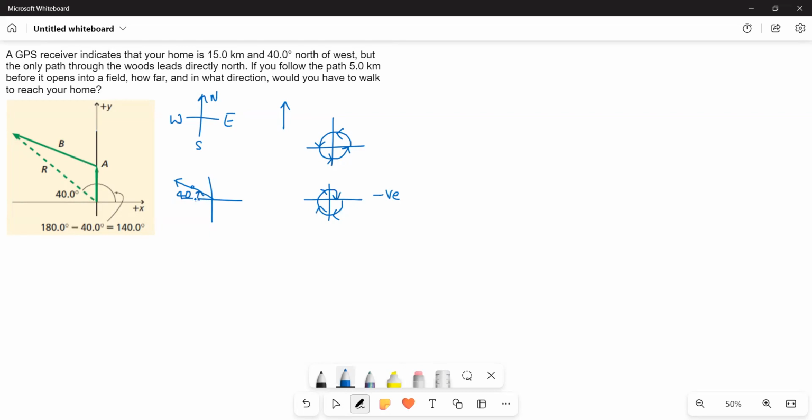Next, what we have to do is resolve the resultant into its components. R is equal to: Rx is equal to Ax plus Bx, and Ry is equal to Ay plus By.